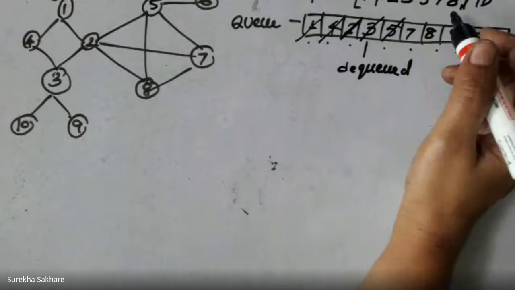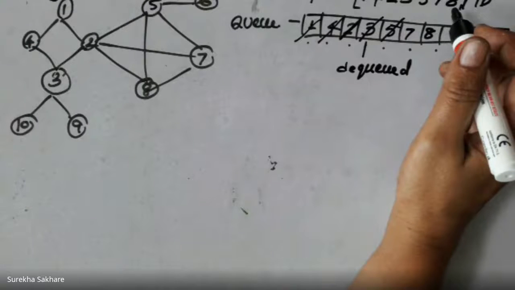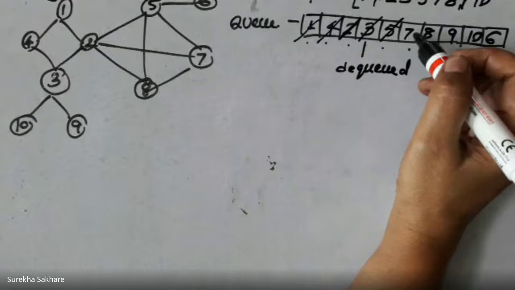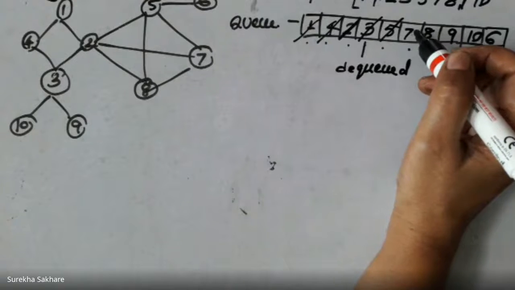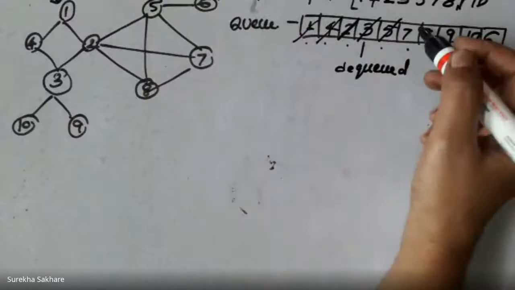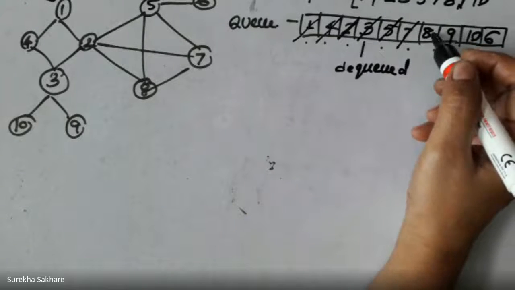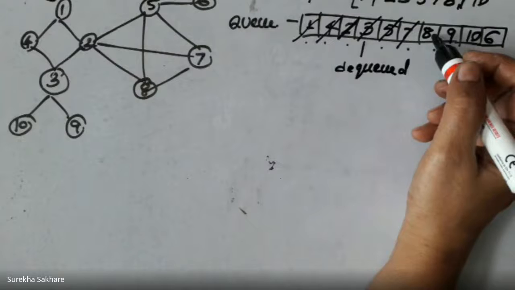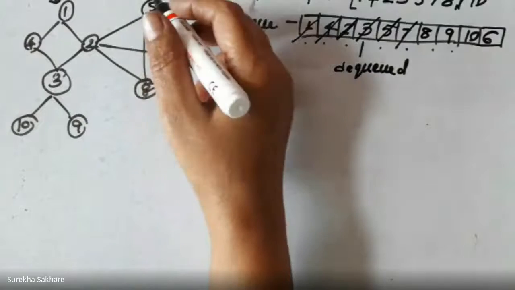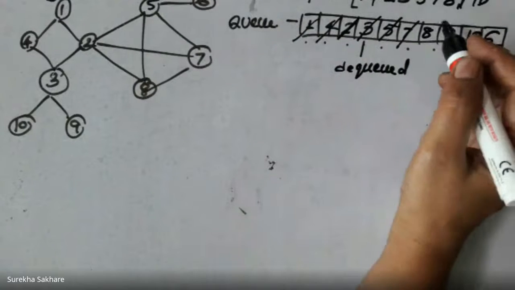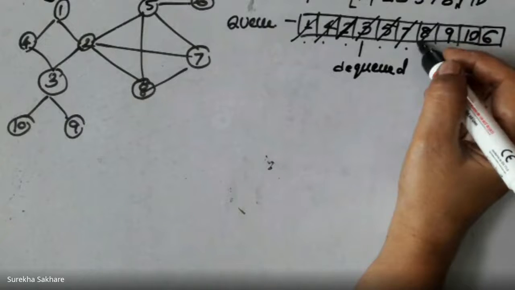Now who else is there to be explored? Number 7. Now 7's adjacencies are 2, 8, 5, but they are already visited, so nothing to explore for 7. For 8, the adjacencies 2, 5 and 7 are already visited, so I will not introduce anything. I will just remove this.